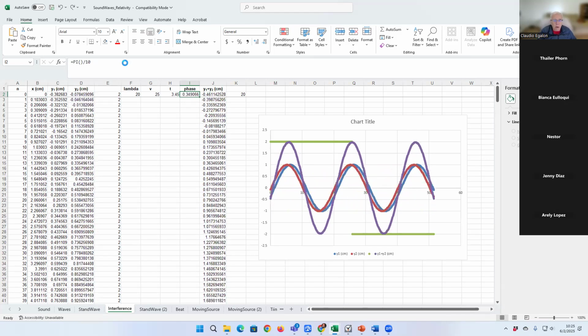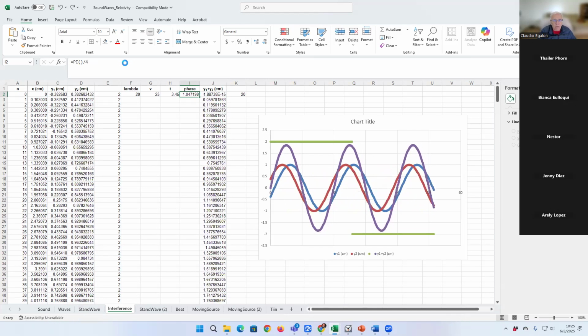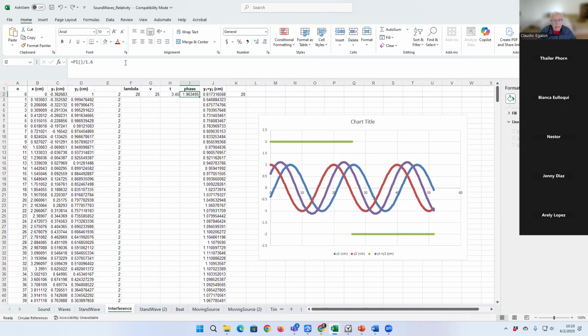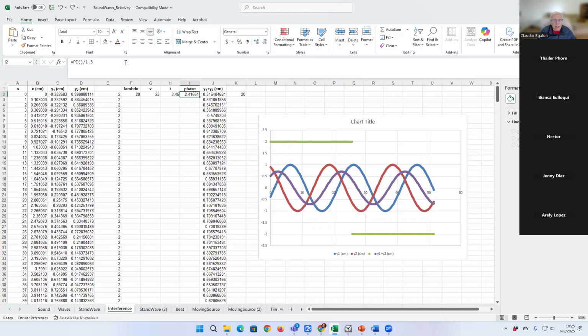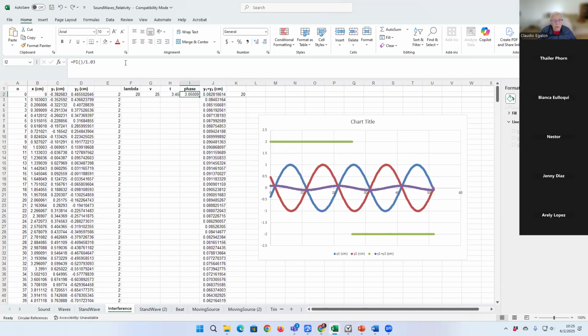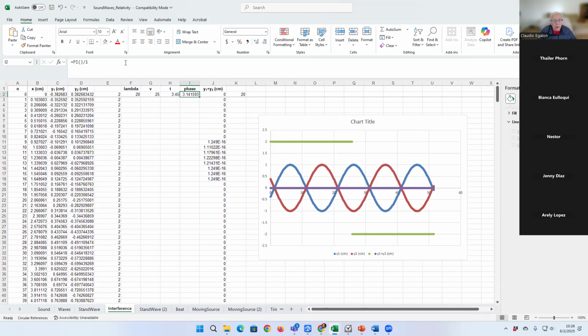So here you go, little by little, we see that the amplitude of the resulting interference decreases until you have full destructive interference.